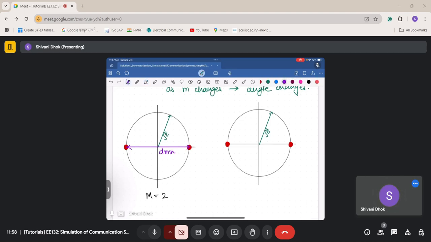So now let us take M equal to 4. So now what will happen is there will be 2 more points which are located here. Your energy is same, your amplitude is same. Only your capital M is changing, and that's why you're adding more points along the same circle. Like this. So now this is your d-min.